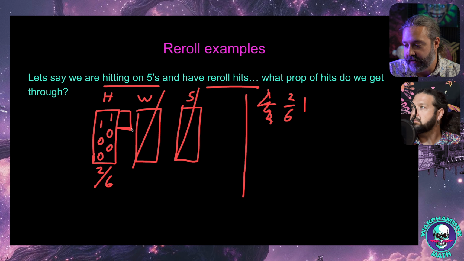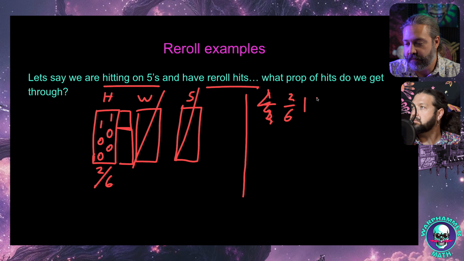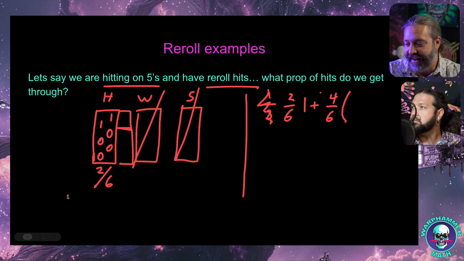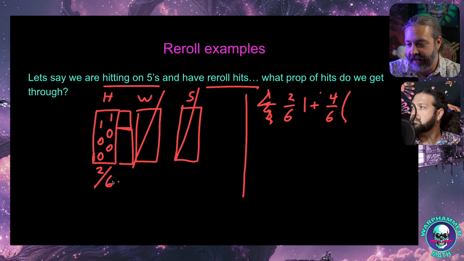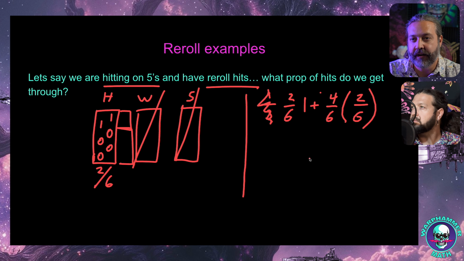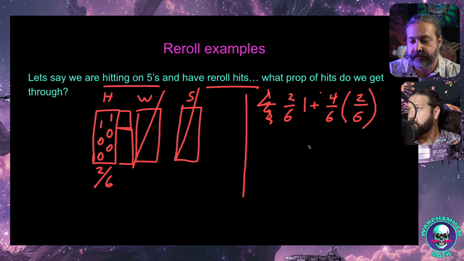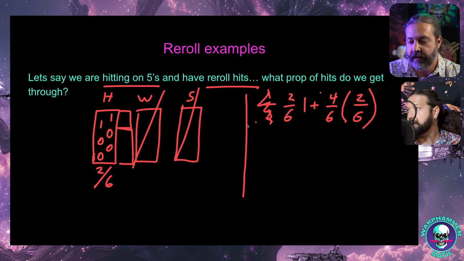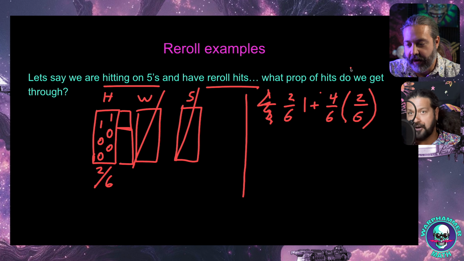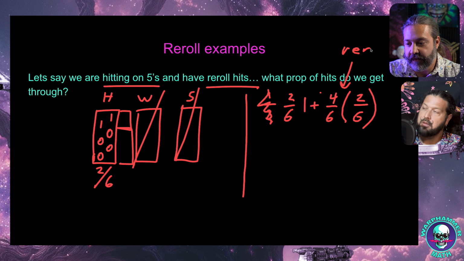And then for the rest of this, that's 4/6 of the time, we're going to get this value of 2/6. Right? So you're doing it in one step. You're saying 4/6 of the time when you re-roll it, they will be worth 2/6 also. Because that's our re-rolls. Got it.